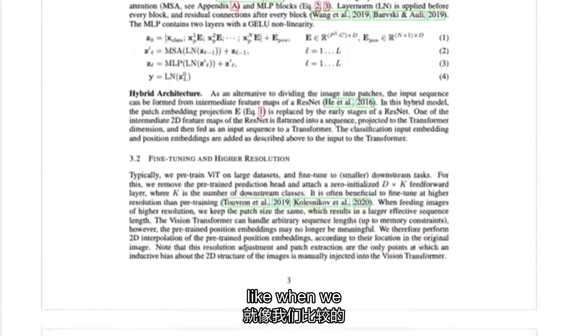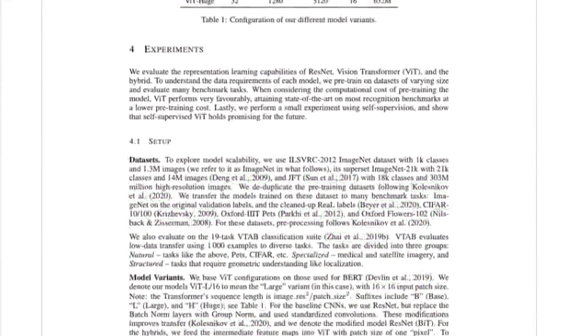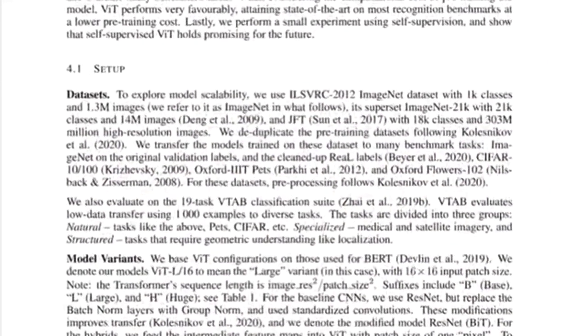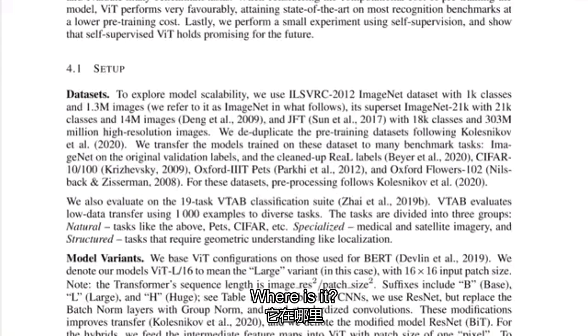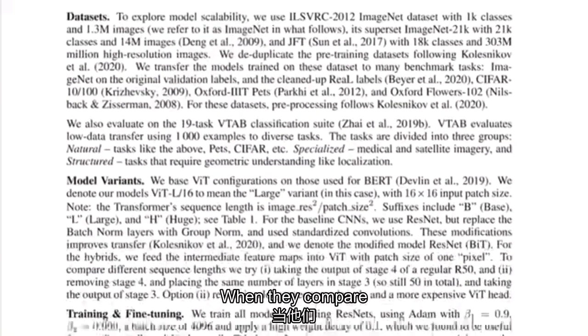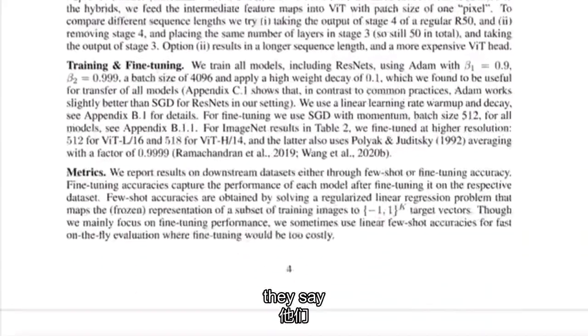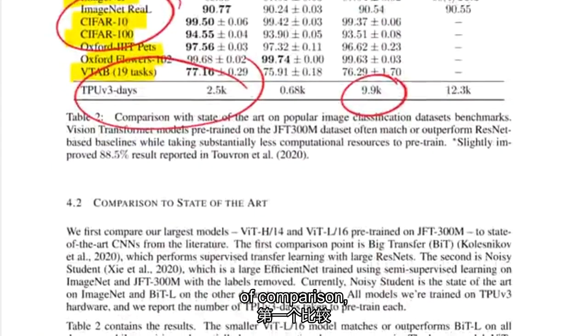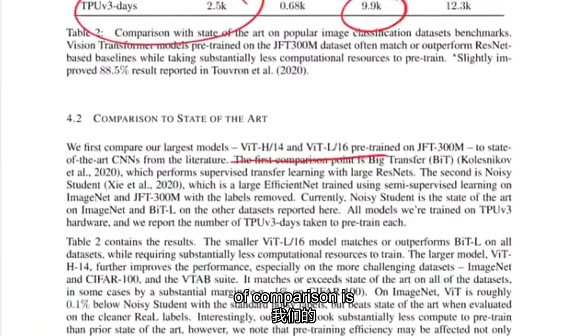Here you go, when we compare, oh no, where is it? When they compare against things, they say, oh, our first point of comparison is the Big Transfer by these authors that we have no relation to, maybe or maybe not.